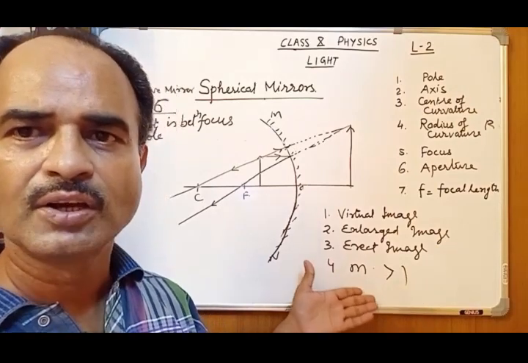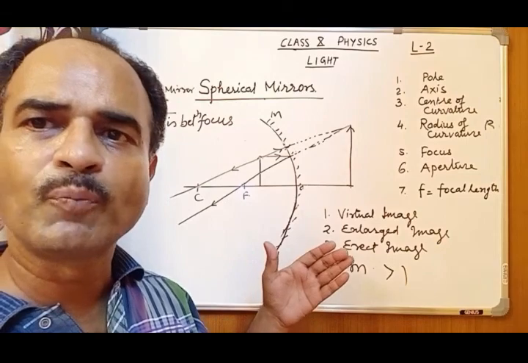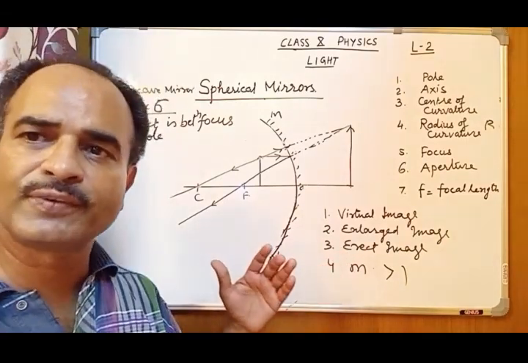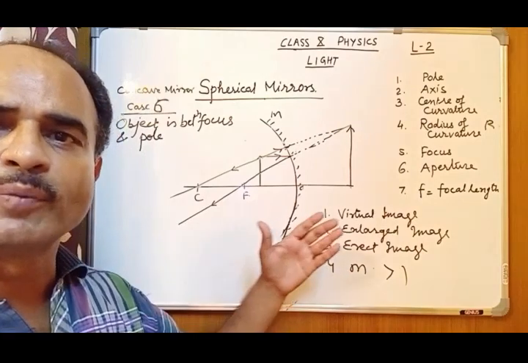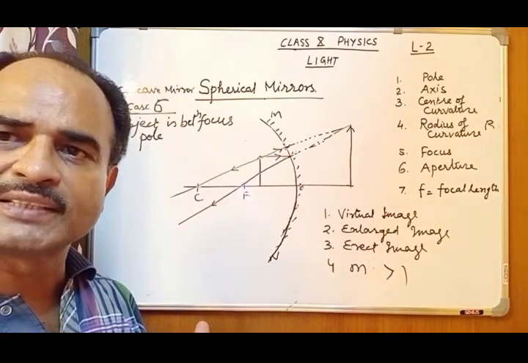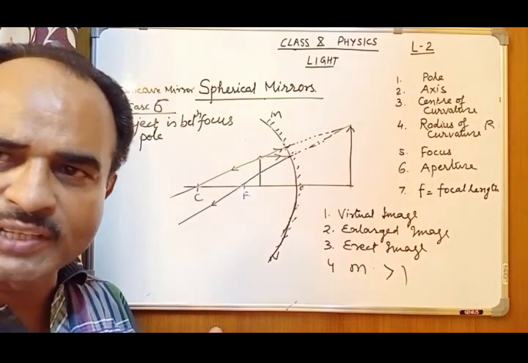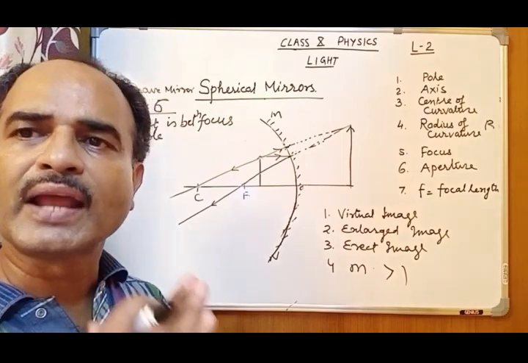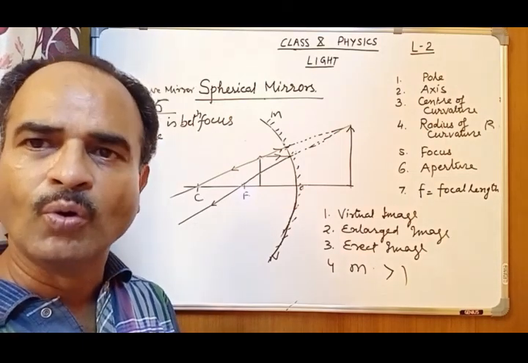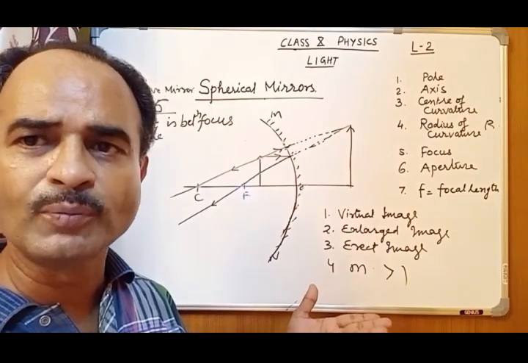So these are the different cases of the concave mirror, when we put the object at different distances on the principal axis from its pole. The first case is at infinity, second is between infinity and beyond C, then at C, then between C and F, then at F, then between F and O. In different cases we have seen that different types of images are formed.